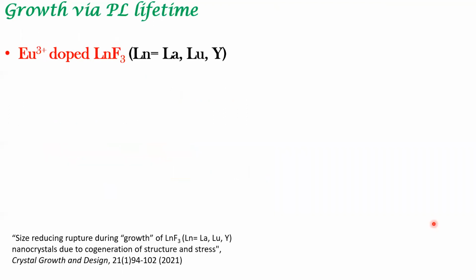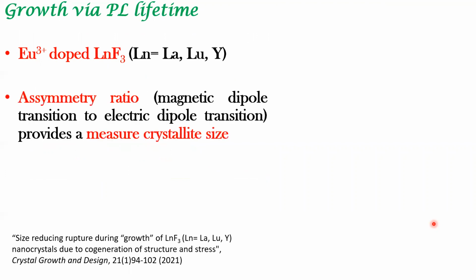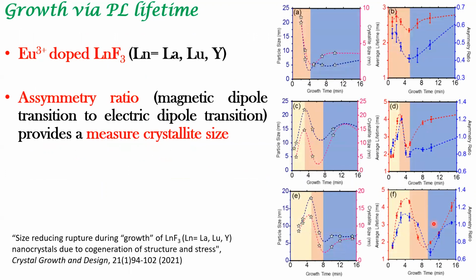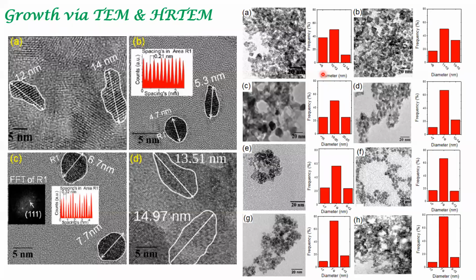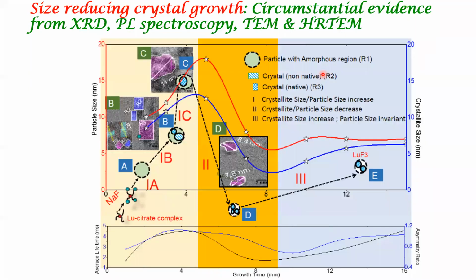We visualized these results using three techniques, using PL lifetime, wherein we saw that during crystal growth there is a size reduction. We calibrated this using XRD as well as HRTEM. Using these three different techniques, there is a lot of circumstantial evidence to suggest that when the crystal growth occurs, there is a phase wherein there is size reduction.